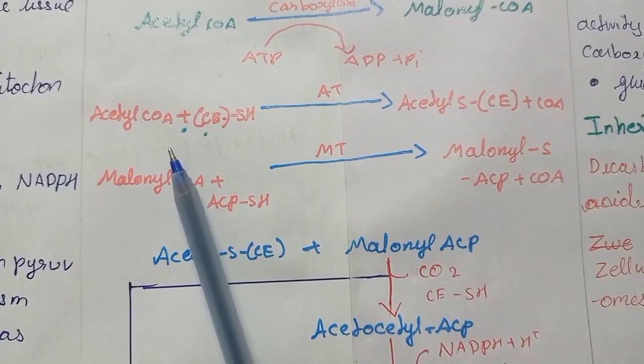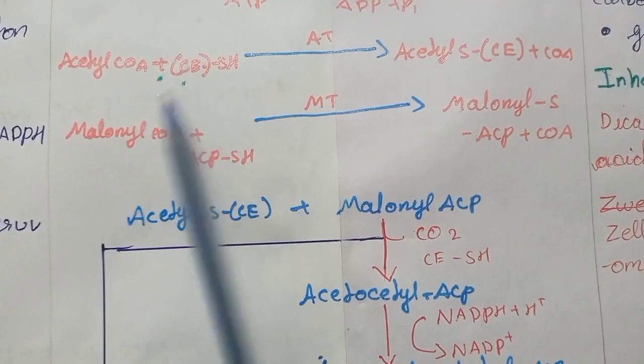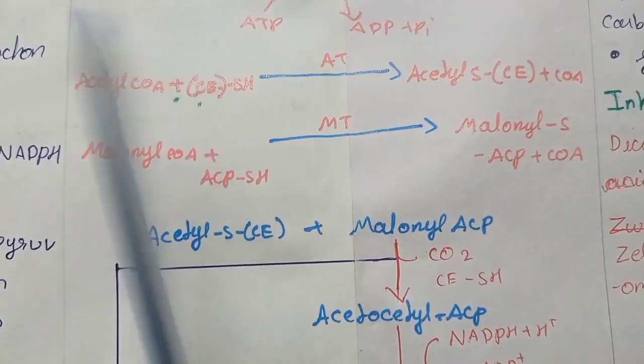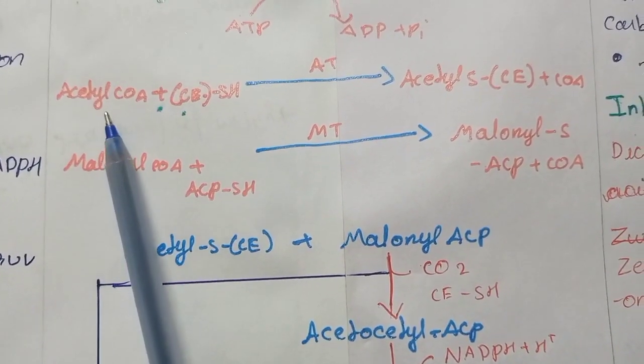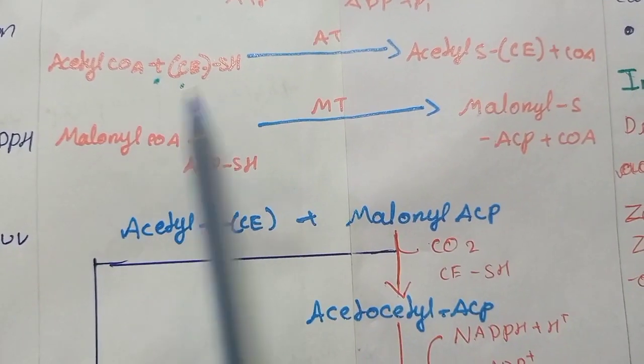The second step of de novo synthesis is divided into 2 parts, 2A and 2B. In the second step, acetyl-Coenzyme A is attached to ACP.